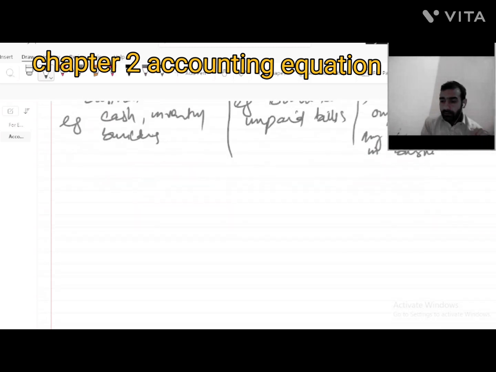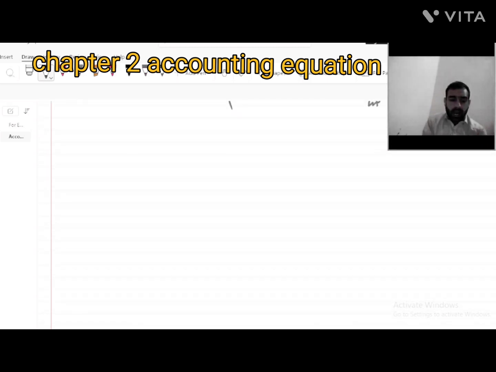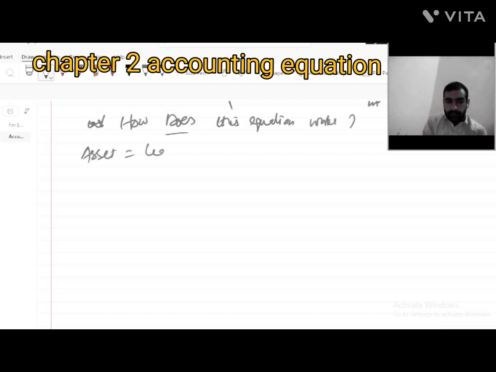How does the accounting equation work? There is asset, liability, and owner's equity, and we have discussed this in great detail.